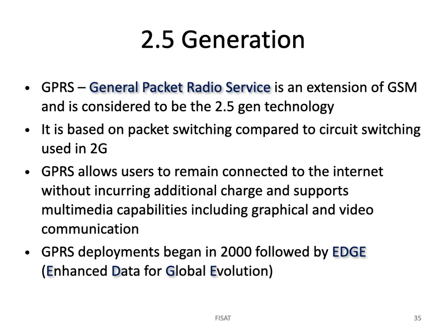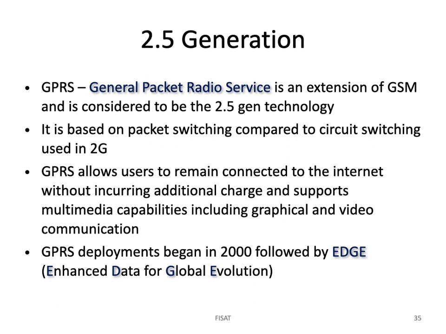Before the deployment of 3G, there is a generation that is 2.5G; in between second generation and third generation, there is 2.5 generation. The technology GPRS or General Packet Radio Service is an extension of GSM and is considered to be the 2.5 generation technology. It is based on packet switching compared to circuit switching used in second generation mobile telecommunication. GPRS allows users to remain connected to the internet without incurring additional charge and supports multimedia capabilities including graphical and video communication.